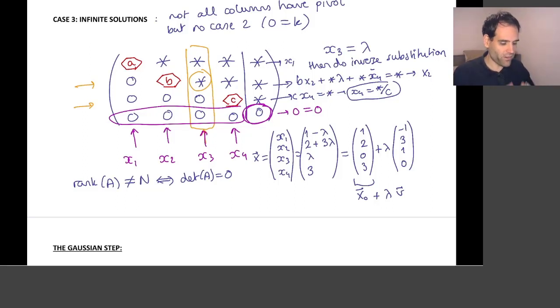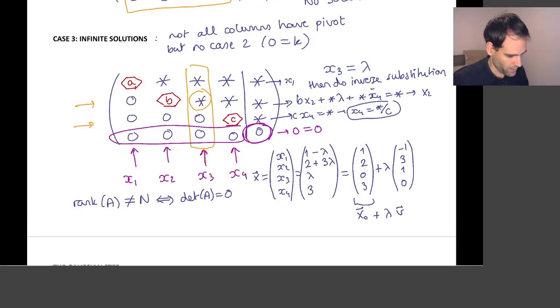So clearly the number of free variables is giving us the dimension of the subspace of the solution for vector x. Yes? So that is, if you think about it very carefully, that's why the number of columns without a pivot equals the nullity of the matrix. And it's related to the fact that the determinant of this matrix is 0.